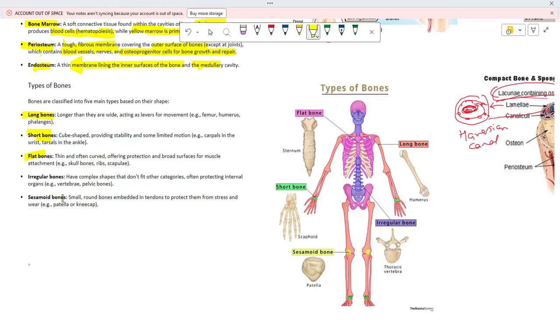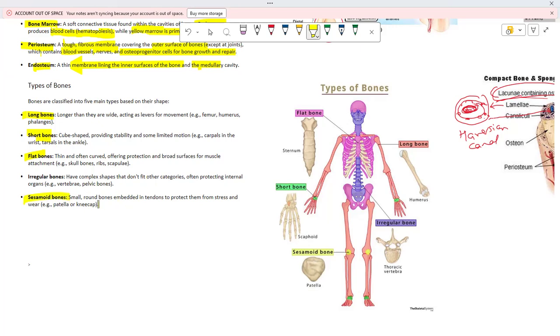And they have the irregular bones. The irregular bones, they have complex shapes that don't fit into any of the categories we describe here. Often they protect internal organs. Okay, for example, the vertebrae or the pelvic bones, they'll be referred to as irregular bones. And they have the sesamoid bones.